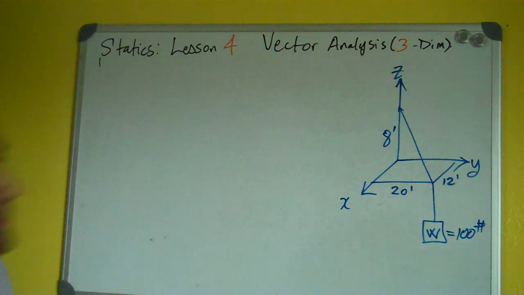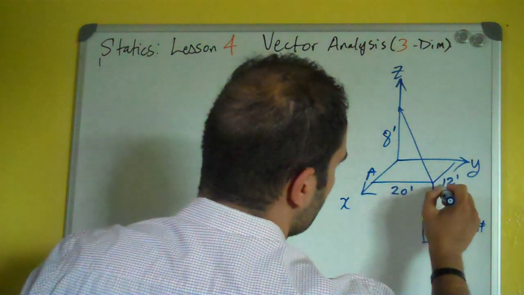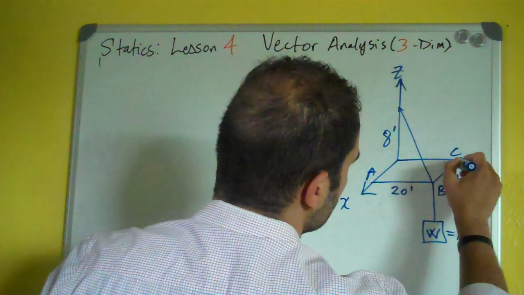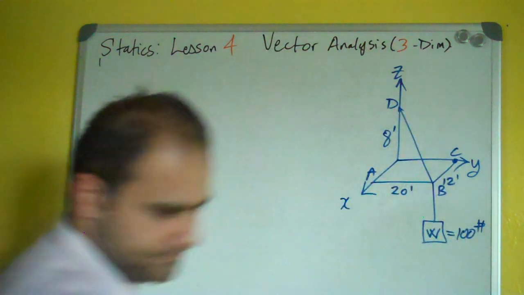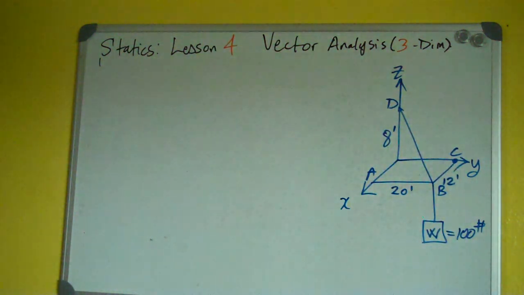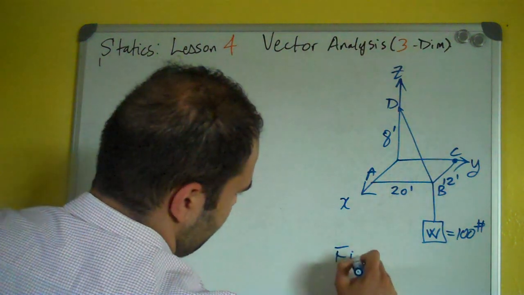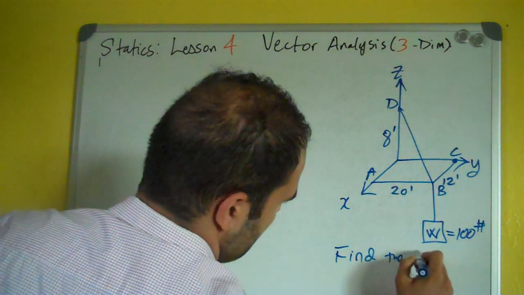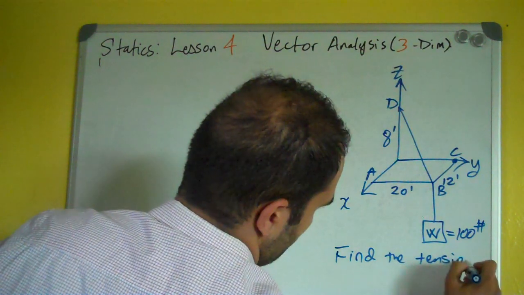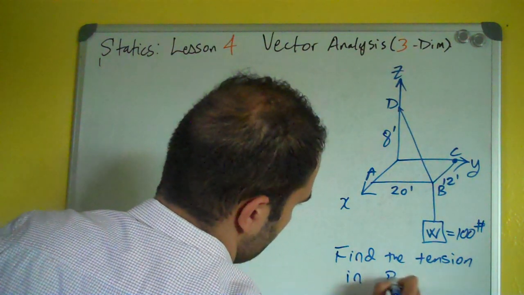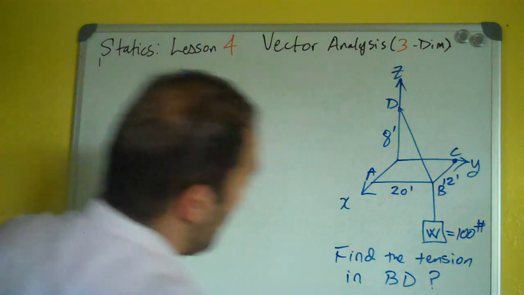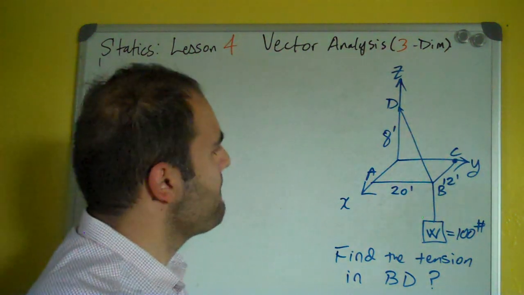A, B, C, and D. And the question is asking to find the tension in BD. I don't know what you want to imagine this as.